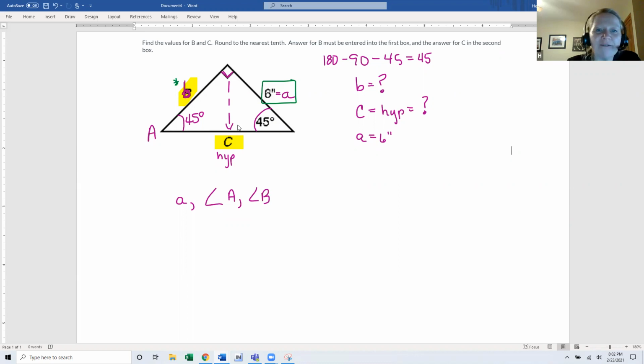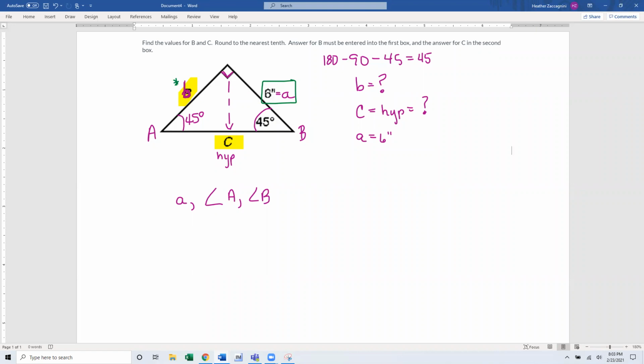This would be angle A for the little roadmap we've been using, and this would be angle B. It cannot use the hypotenuse. All right, so we need a trig function that does not use the hypotenuse because we don't know the hypotenuse. It would be tangent, right? It would be tangent. Let me pull up the toolbox here.